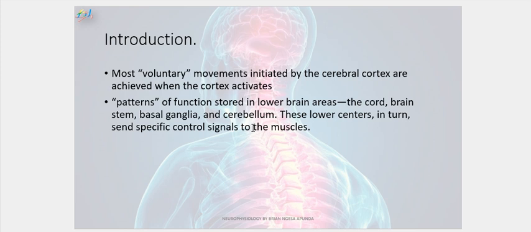Then the basal ganglia and the cerebellum. All these are very important in controlling the involuntary movement of the skeletal muscles. So when you talk of skeletal movement, we know the voluntary part and the involuntary part, as we discussed last time.